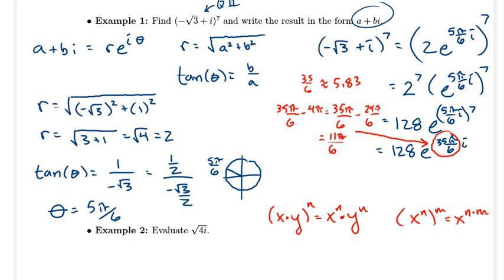So this polar form I could also express as 128e to the 11 pi over 6i, which is great.